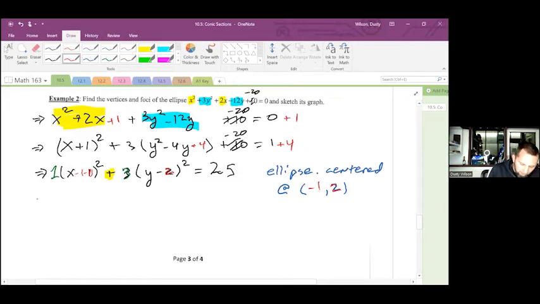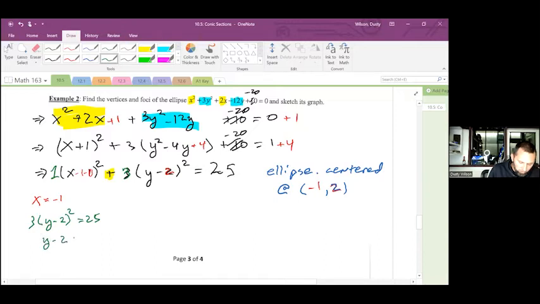So if I let x equal -1, then this first set of parentheses, I'd have -1 minus -1, or -1 plus 1, or 0. So I'm going to get 0 for this first term. And so I'm going to be left with 3 times y minus 2, quantity squared, equals 25.